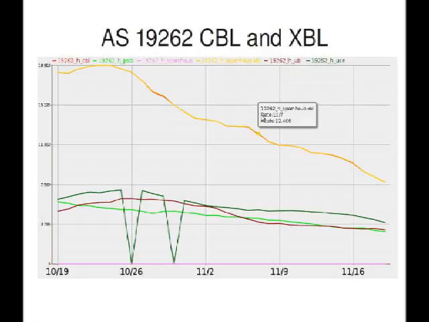The top line is CBL and XBL, which track so closely together you can hardly tell them apart. And at the target date, which is where you see the little box there, you can see there is a drop. It's slight, but it's noticeable. So that might be it.